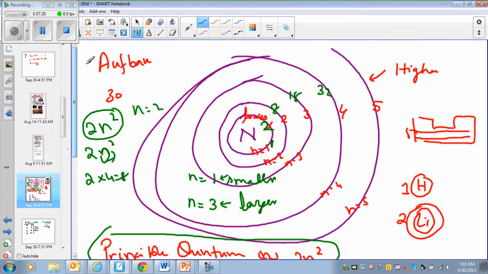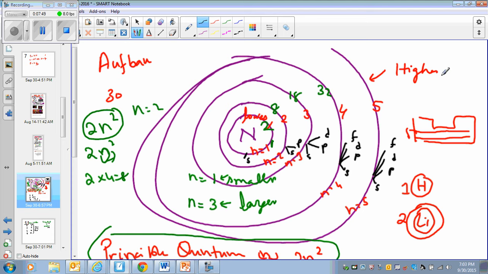So what I'm saying is that energy level 1 has only 1 sub-level, energy level 2 has 2 sub-levels, 3 has 3 sub-levels, and 4 has all 4 sub-levels. And then 5 also has 4 sub-levels because 4 is the maximum number you can have.